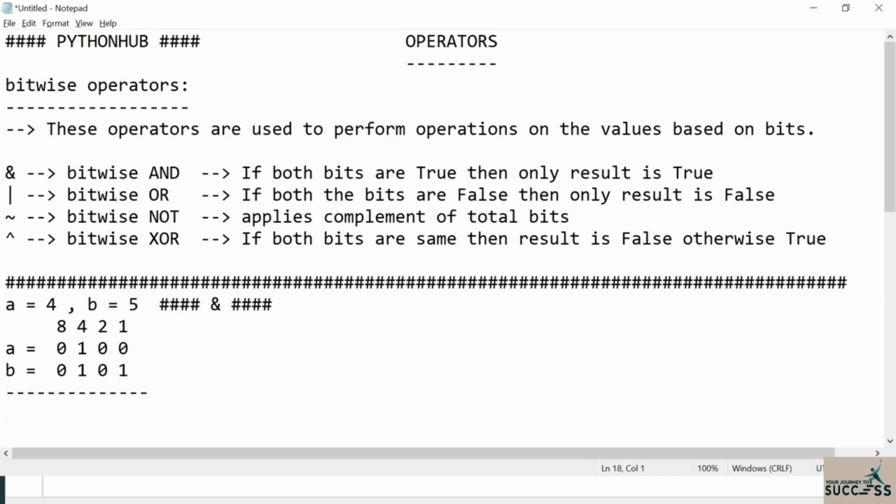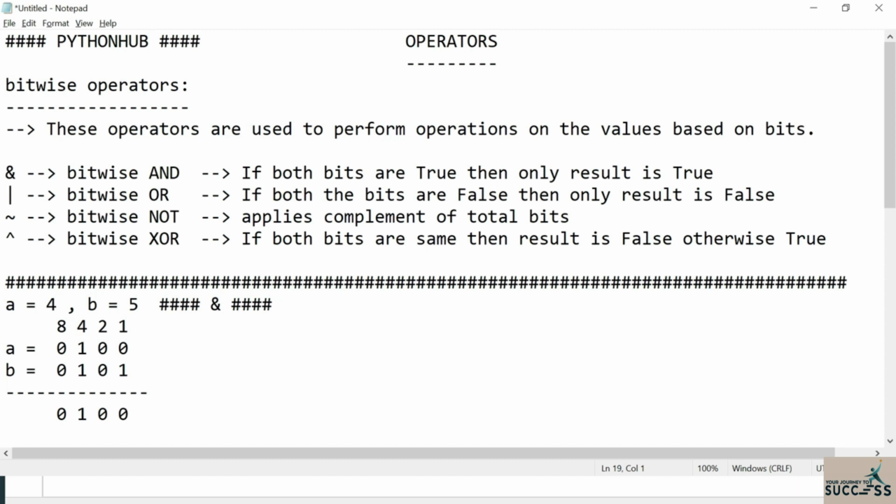Here, two bits are 0, so it is obviously 0. Next, both bits are 1, so the output is also 1. Then two bits are 0, so the result is 0. Again, the first bit is 0 and the next is 1, so in this case it is again 0.